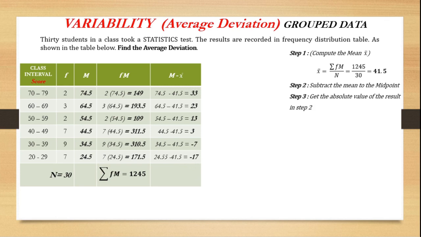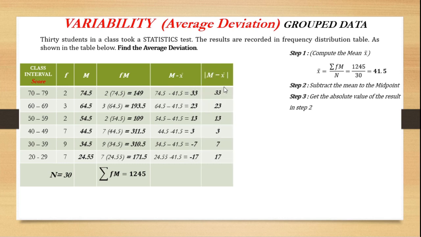Step 3. Get the absolute value of the result in step 2. Since this is the column which is the result in step 2, we are going to get the absolute value of these numbers. So we're going to create again a column for the absolute value of midpoint minus the mean.